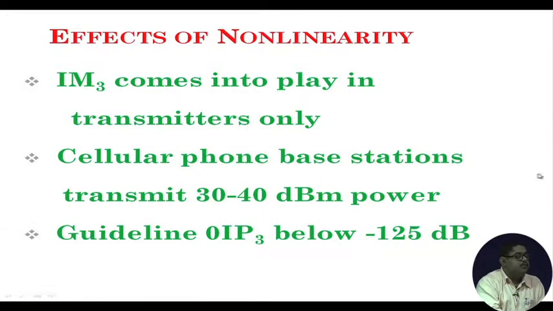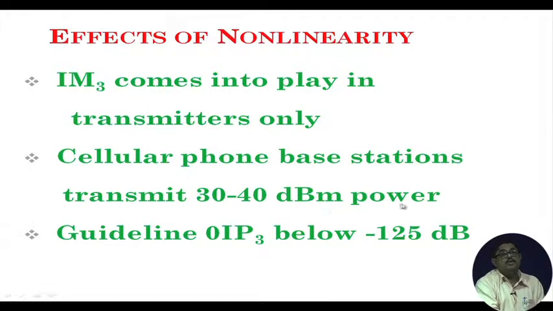Now, cellular phone base stations typically transmit 30 to 40 dBm power. So, there is a chance of nonlinearity, because at these levels you cannot say it is a small signal level, and for the GSM standard the guideline for OIP3 is that you should have your output intercept point below minus 125 dB.